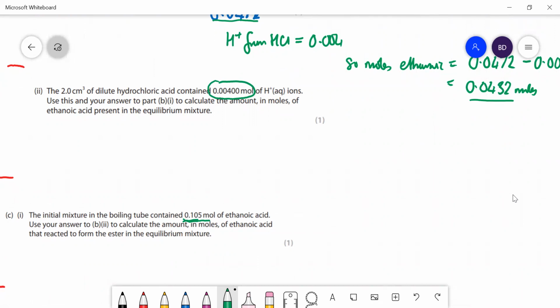So moles of ethanoic acid reacted is equal to 0.105 minus 0.0432. Sorry, the other way around, sorry.